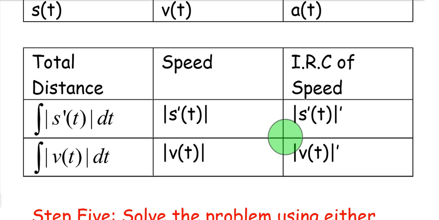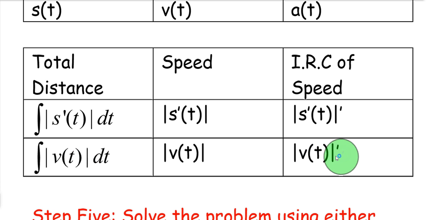Going even more detailed, the absolute value of velocity is speed, or the absolute value of the derivative of position. If you integrate speed, you get total distance traveled, but we're going this way because we're talking about slowing down. So we want to take the derivative.